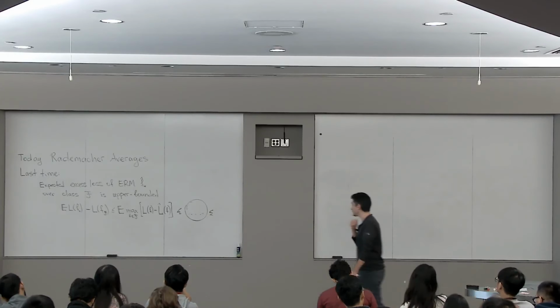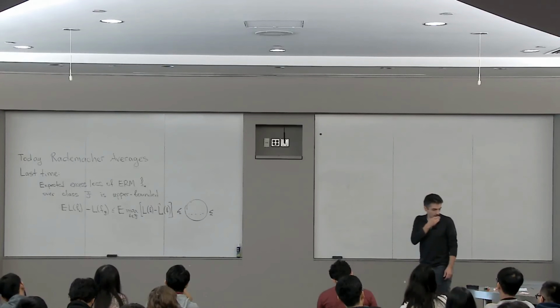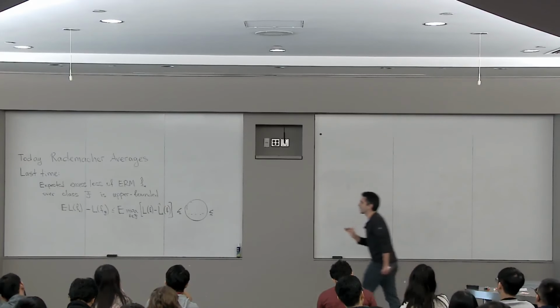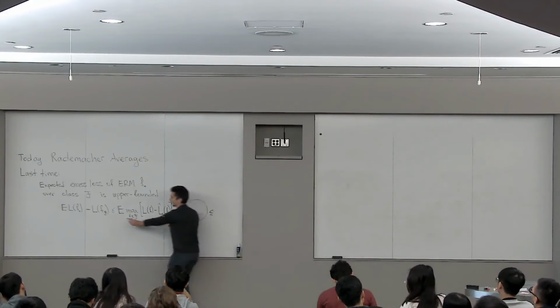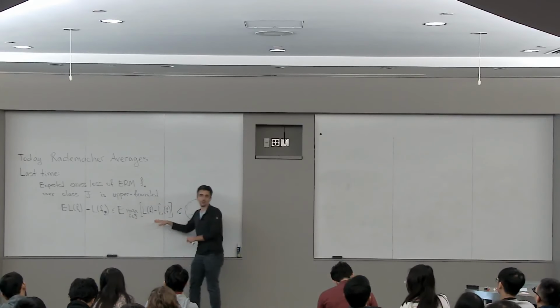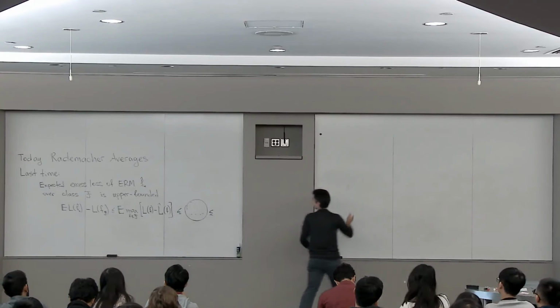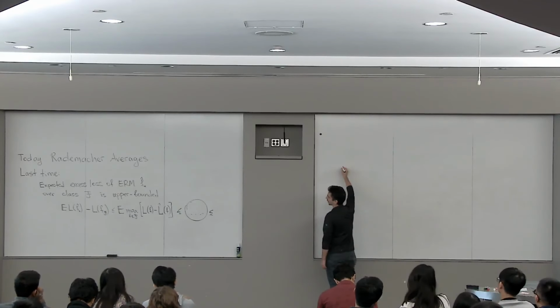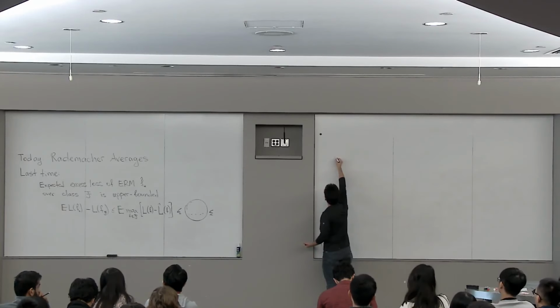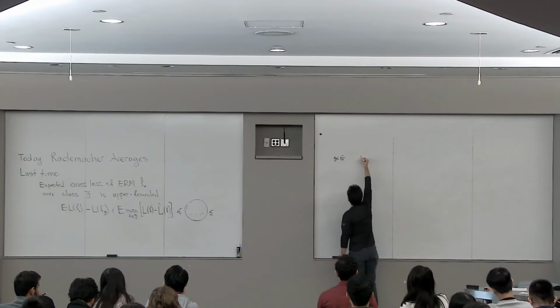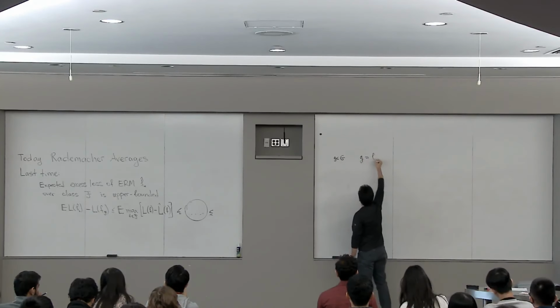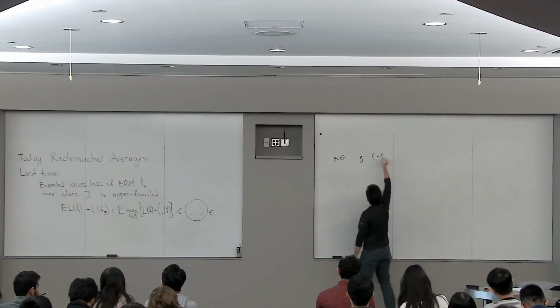Okay, I apologize. Let me spend a couple more minutes to explain why this object is not too trivial. I can write it as follows; maybe it will make it simpler to understand. First of all, I'm going to work with a class G, and really I'm thinking of G as a loss composed with a function f.